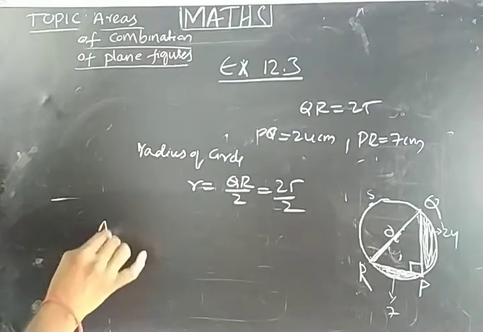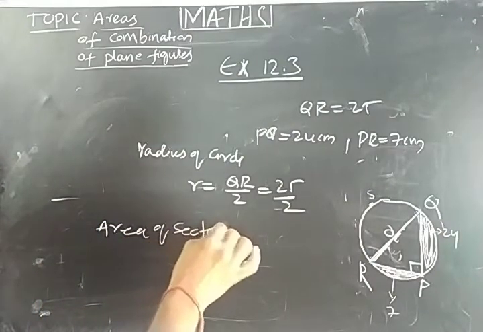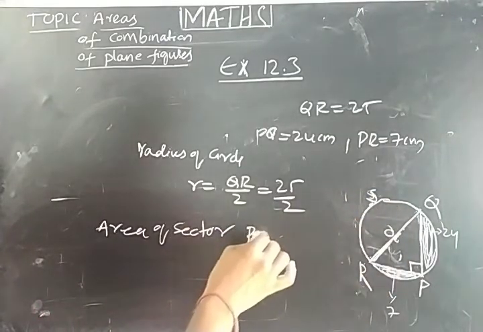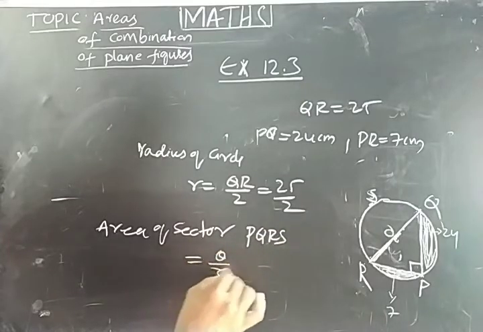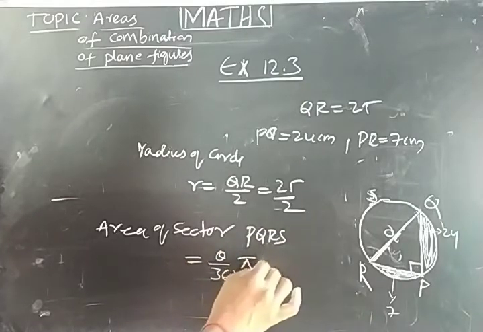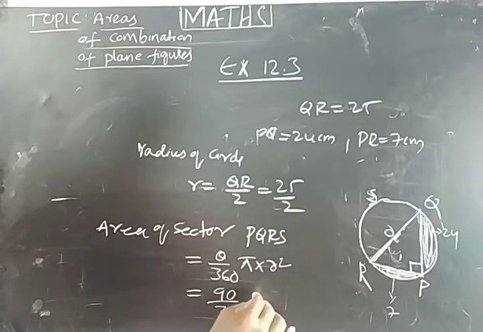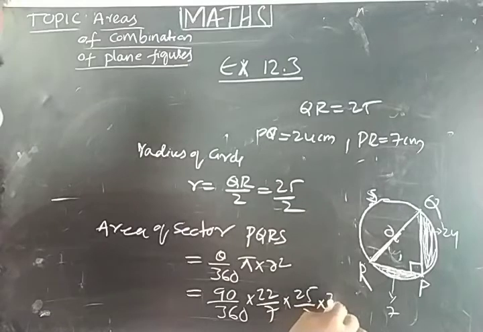Now I am finding the area of the sector. I am taking point S here. Area of sector, I am denoting it by PQRS, is equal to theta by 360 into pi r square. Theta is 90 by 360, pi is 22 by 7, r square is 25 by 2 into 25 by 2.